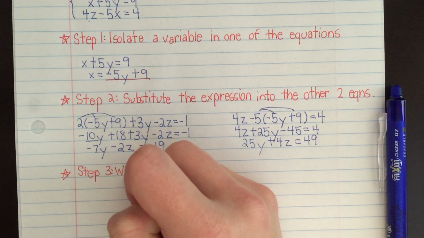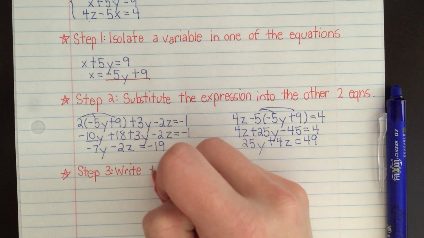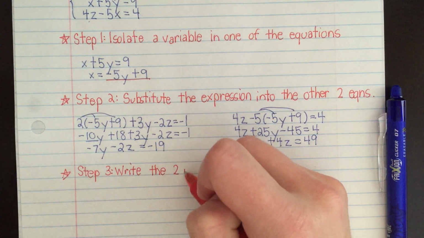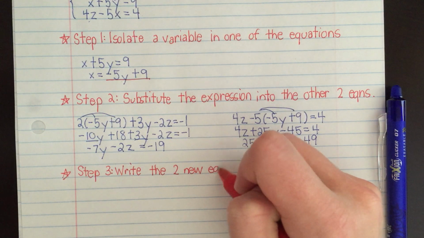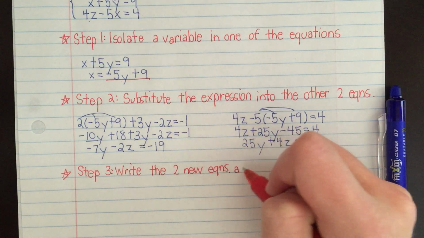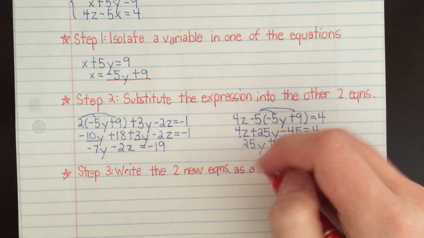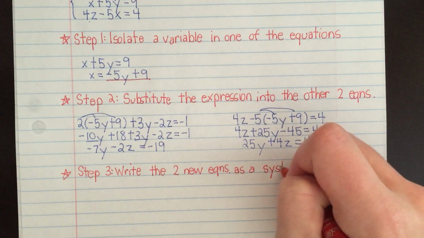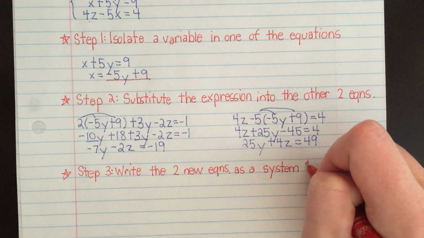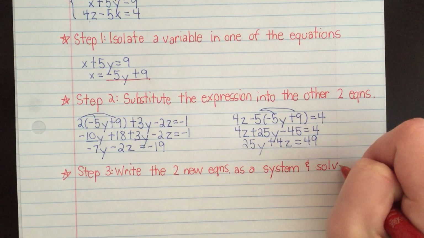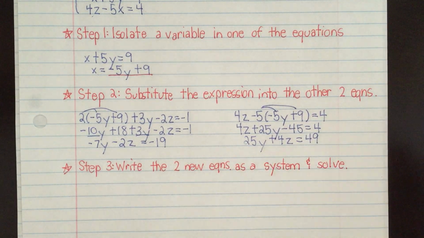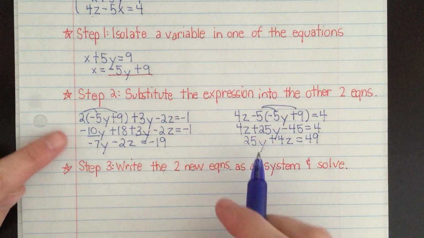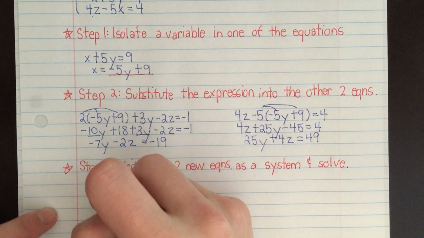my step number 3 is to write the two new equations as a system and solve. So I've got two new equations that I can rewrite as a new system of equations and solve.